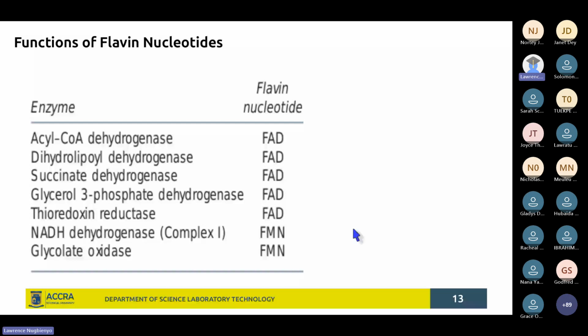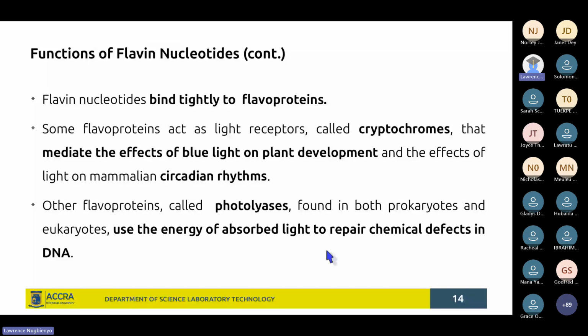Now these flavin nucleotides, I did mention that they are tightly bound to the enzymes and that they are acting as coenzymes too, and so we refer to these enzymes as flavoproteins. And you'll find these flavoproteins acting as what we refer to as light receptors, also called cryptochromes.